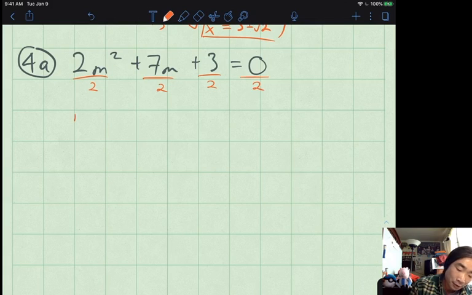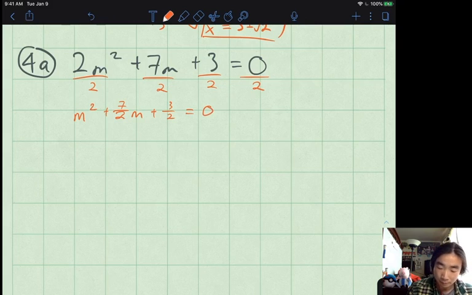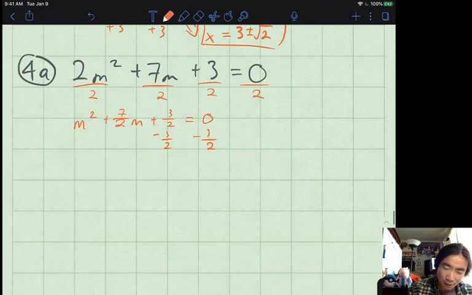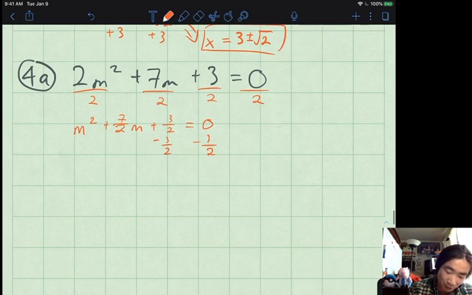We get this equation, m squared plus 7/2 m plus 3/2 equals 0. We'll follow through the book's method for these first couple ones. Minus 3 over 2, minus 3 over 2. I think it's harder to do the alternative way with fractions, but maybe I'll be wrong. m squared plus 7 halves m plus something equals 3 over 2 plus something.